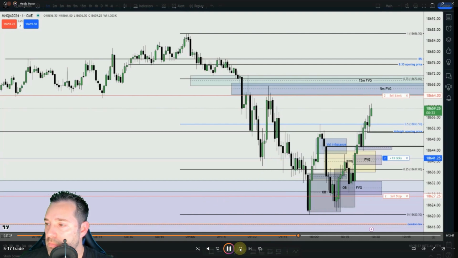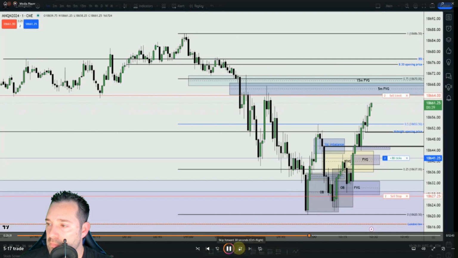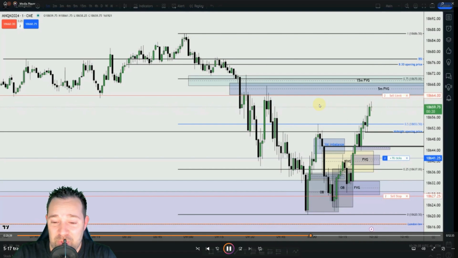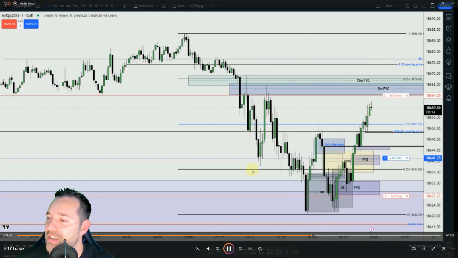So fast forward a little bit. Making our way up, making our way up. A lot of people right now could be going, ooh, a few more points. Only a few more points. Oh my goodness. And then it starts looking like it's coming down. Oh no. Don't panic.